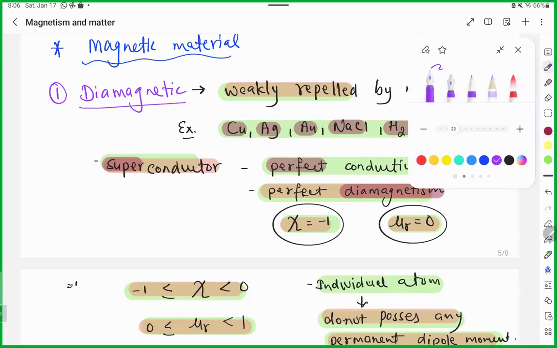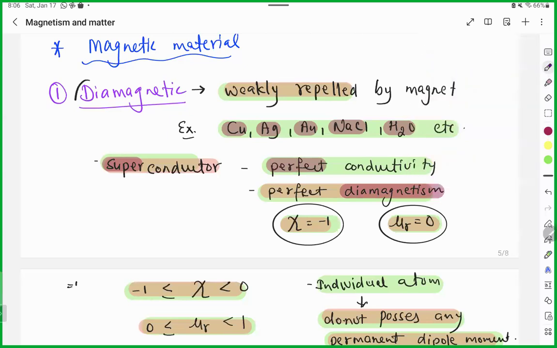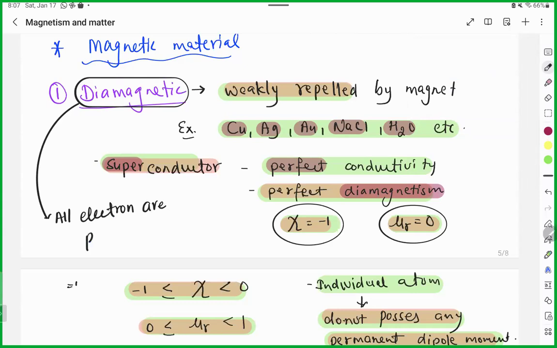In chemistry, if you are talking about diamagnetism, it simply means all electrons are paired. That is simply diamagnetism in case of chemistry. Paramagnetism means unpaired electrons.